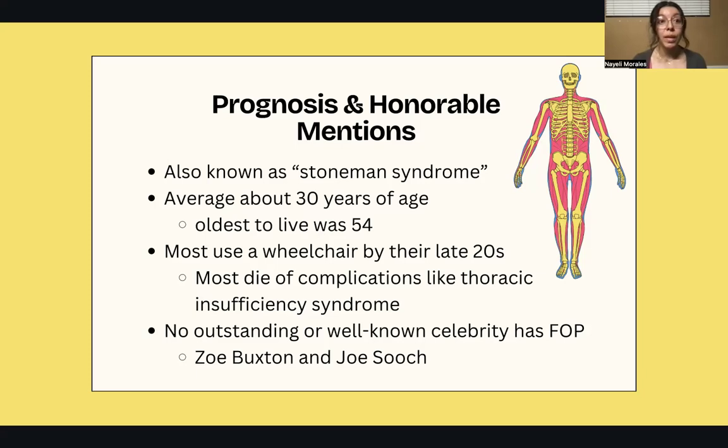And the person that has lived the longest with this disease was 54 years of age. Now, when people continue to live to their late 20s, it is most likely that they will use some kind of ambulatory device, like a wheelchair, for example. And as I mentioned earlier, most die of complications like thoracic insufficiency syndrome.